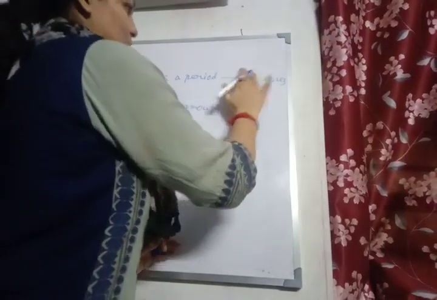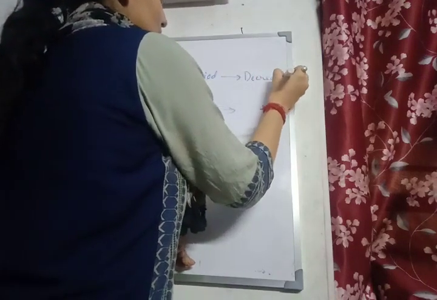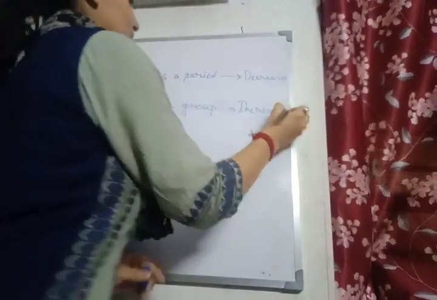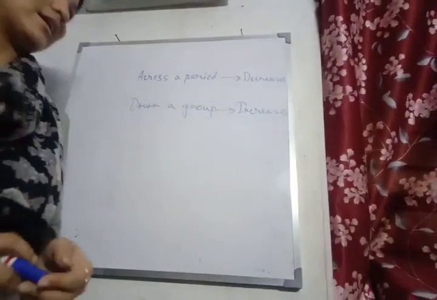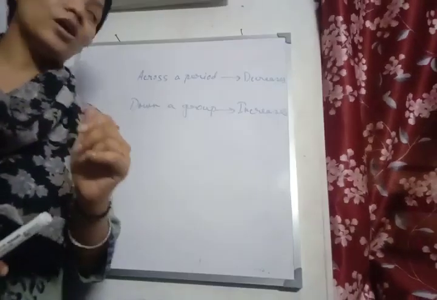Sorry. Exactly. So across a period it decreases, and down a group it increases. Sorry, extremely sorry. Now atomic radius depends on two factors. We have done this in our earlier classes. It depends on the number of shells and nuclear charge.